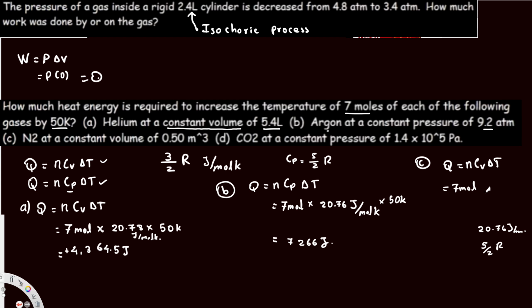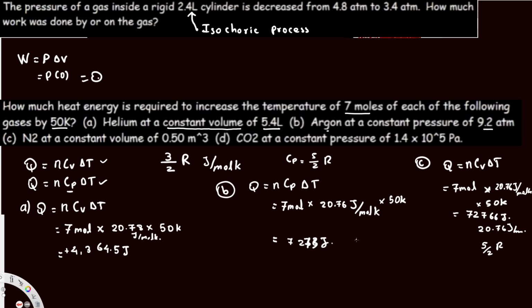So 7 moles multiplied by 20.76 joule per mole Kelvin times the temperature difference that is provided, 50 Kelvin. If you calculate this value, that will give you 7266 joules.